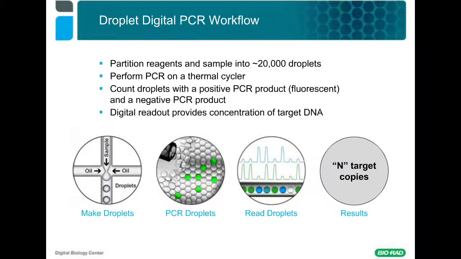Second, the droplets are transferred onto a 96-well plate and thermocycled to endpoint, usually about 40 cycles. For the third and final step, the thermal cycled plate is placed in the droplet reader instrument, where the droplets are counted individually from each well by fluorescence to provide a positive or negative result. The data is then displayed in the system's software, QuantaSoft, as a concentration in copies of target per microliter of reaction.